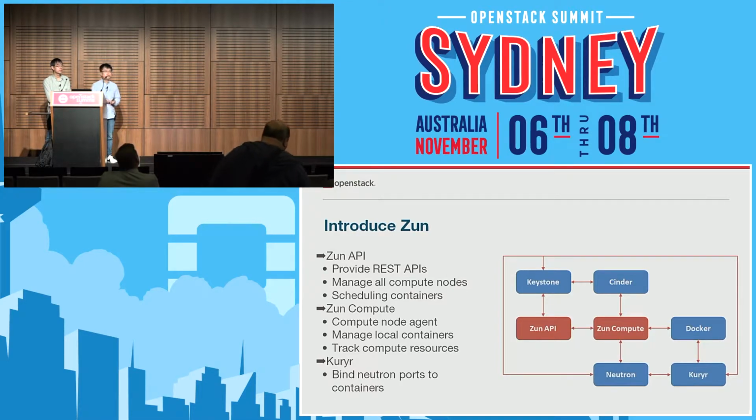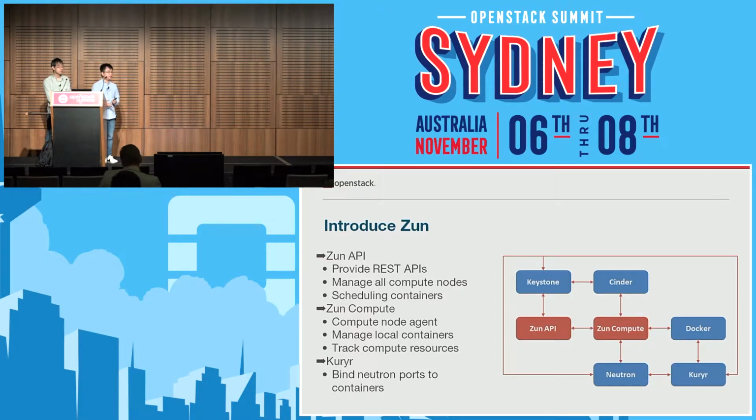The Zun compute might talk to Cinder to attach a Cinder volume to the compute node to make the volume available for the containers. And Zun compute also talks to Neutron to prepare resources for the containers, for example, creating a Neutron port.